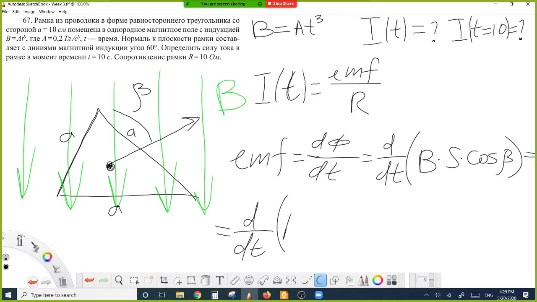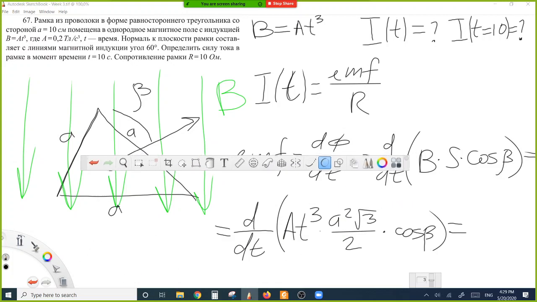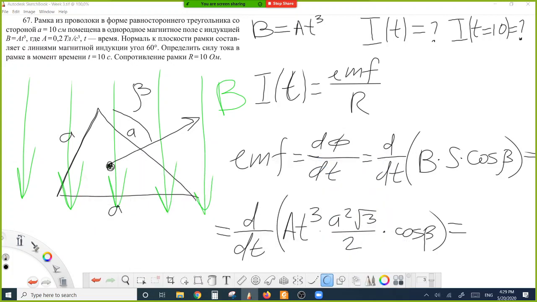B is given as a t to the third power, the surface S is given as a squared square root of 3 over 4 multiplied by cosine beta.